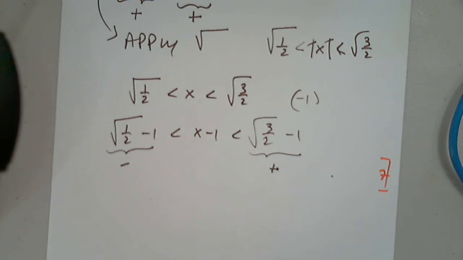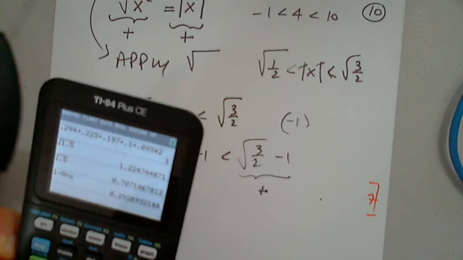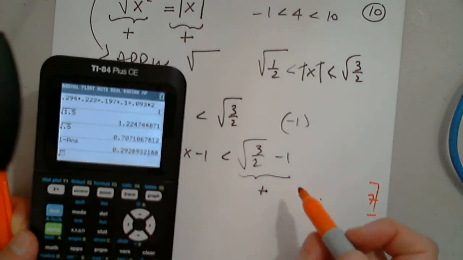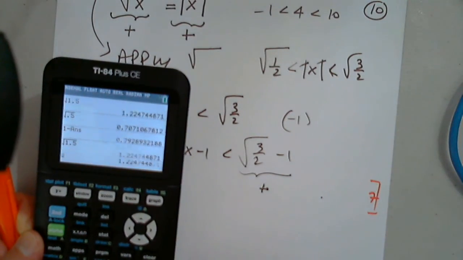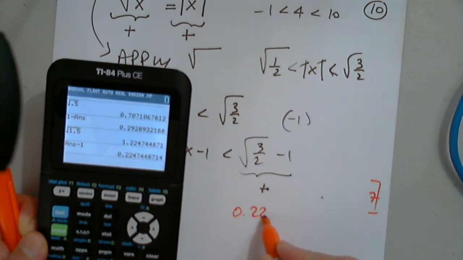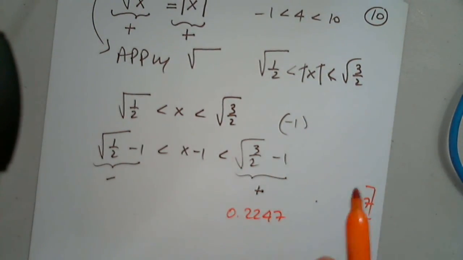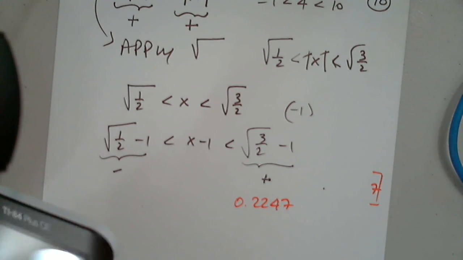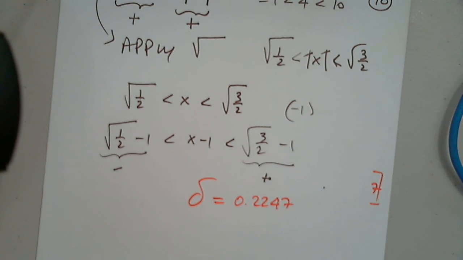So now here, to finish this up, I get the same thing, the square root of 1.5, exactly what we just did a second ago, and minus 1. So this side will be 0.2247. And this one I wouldn't even discuss because it will get a negative number anyway, and we don't need it anyway. So this is our delta, exactly what we did step by step.